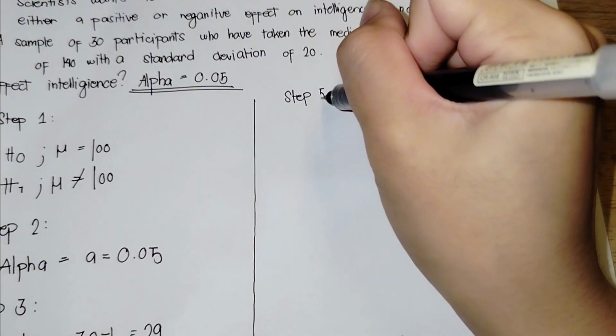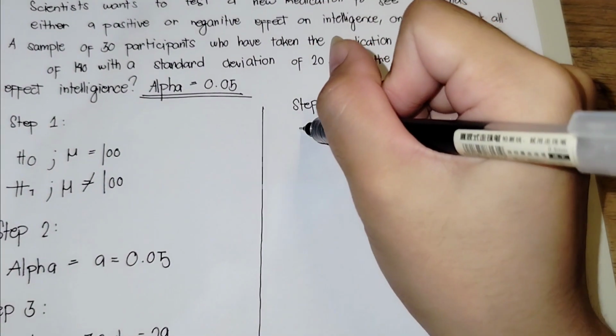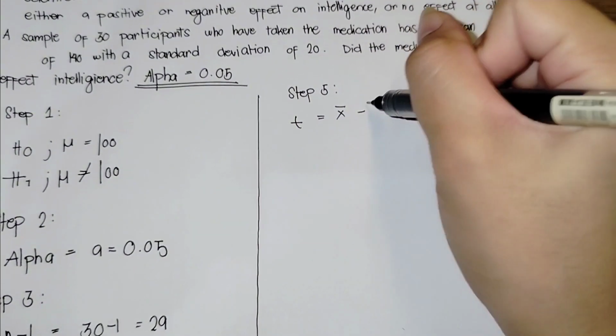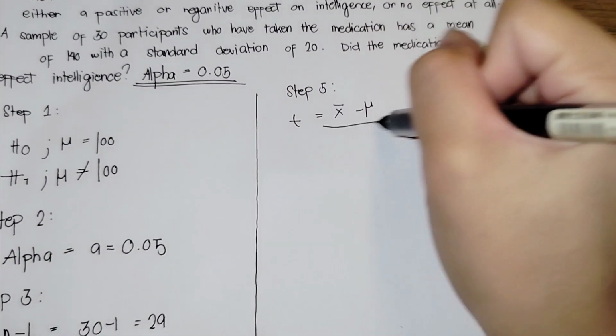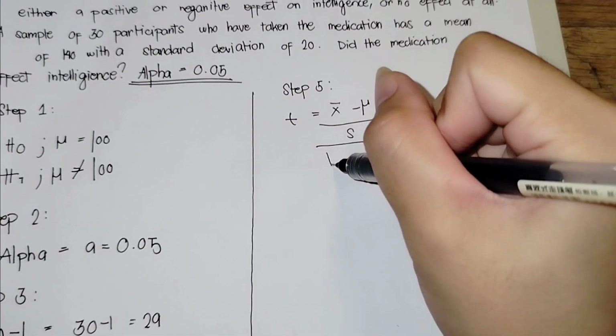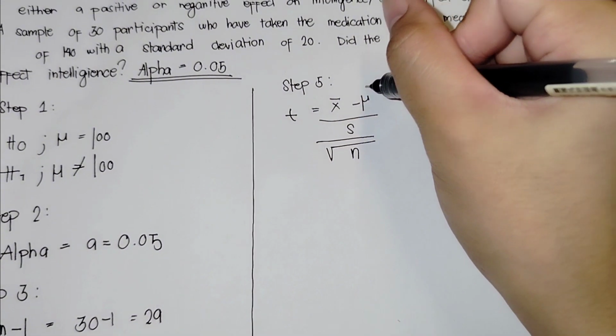Step 5. Calculate test statistic. In this step, you have a formula of t is equal to sample mean minus mean over standard deviation over square root of n.